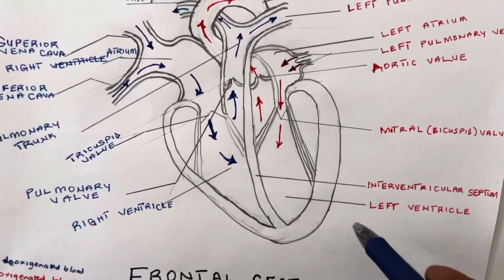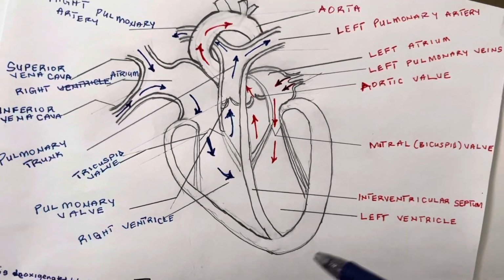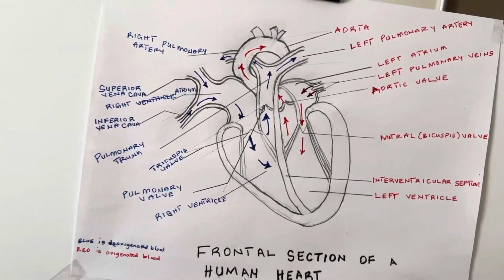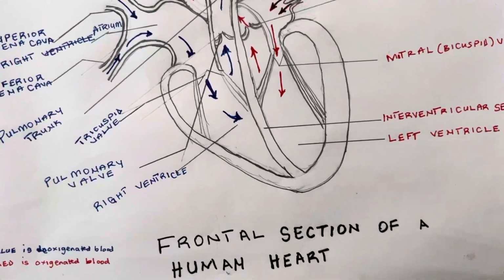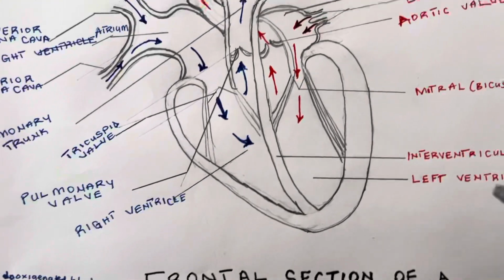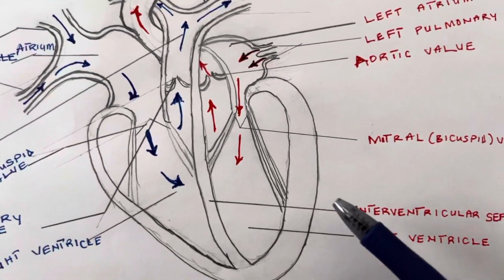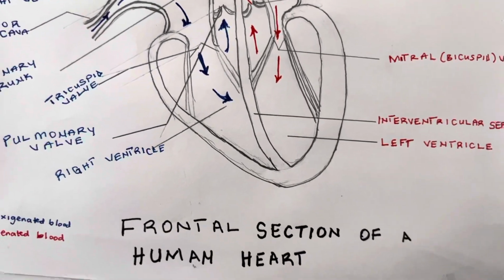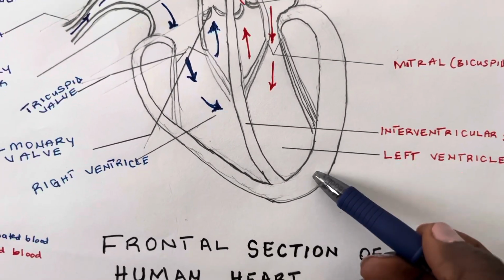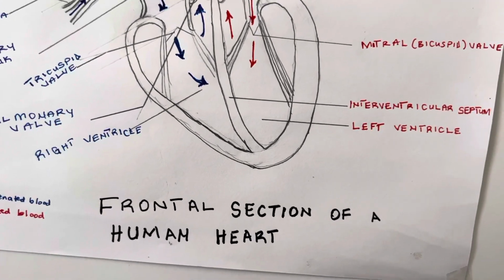So here we also have, which I didn't mention, the layers of the heart, which I couldn't bring here, but I can just indicate that the outer layer, which contains blood vessels also, is called the epicardium.